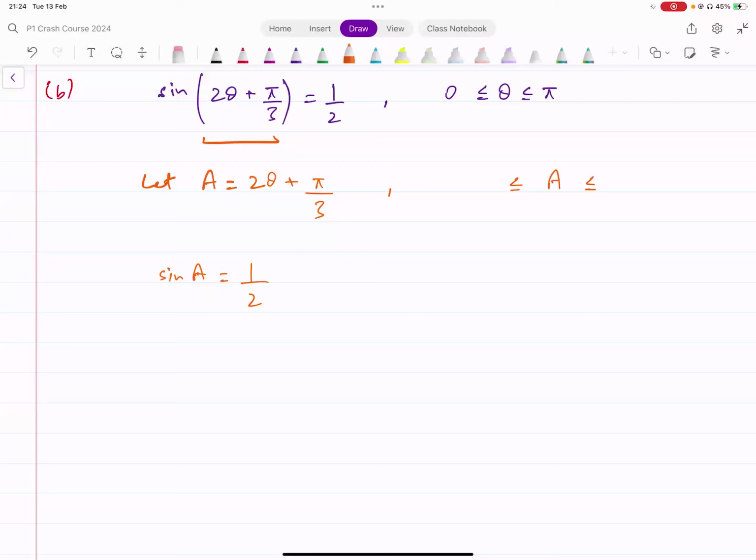Interval for theta is from 0 to pi. What about the interval for A? What would that be? You input these values here. You input 0 in this. You get 2 into 0 plus pi over 3. What's that? Pi over 3. So the lower limit here is going to be pi over 3. Then what you do is you input pi.